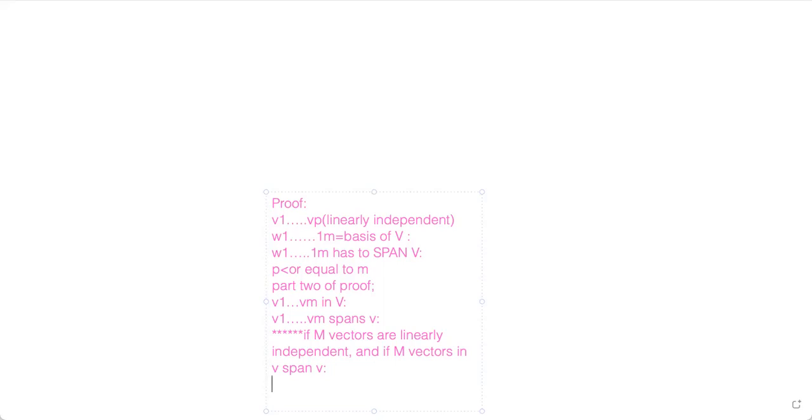Because technically the number of vectors that are linearly independent and the number of vectors that span V could be different. So for us to make this assumption, we have to know that there are m linearly independent vectors, or there are m vectors that span V, right? So that's what we're trying to prove here.